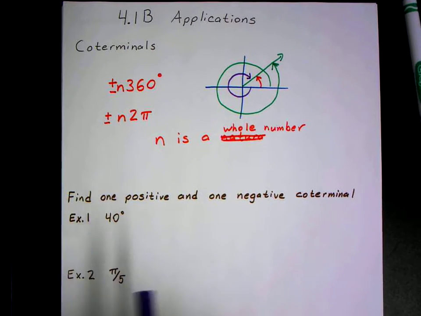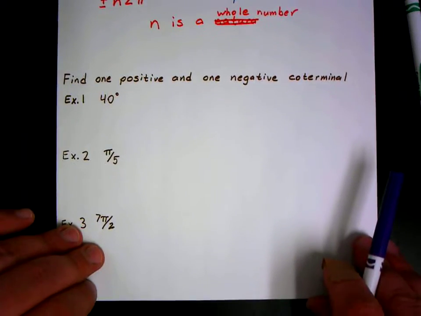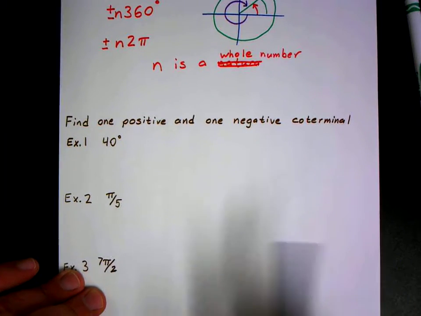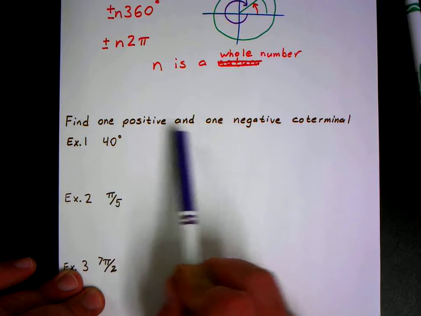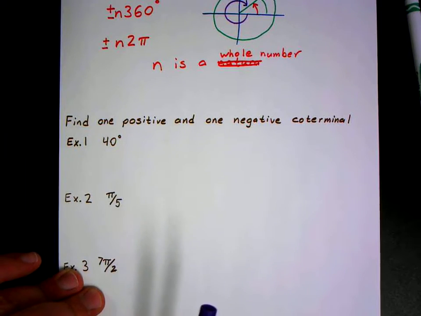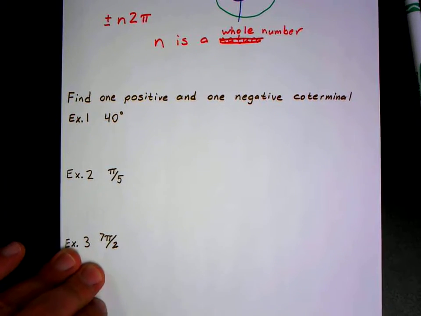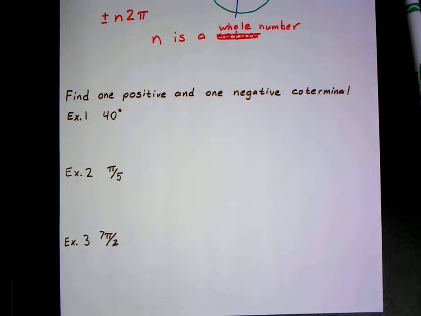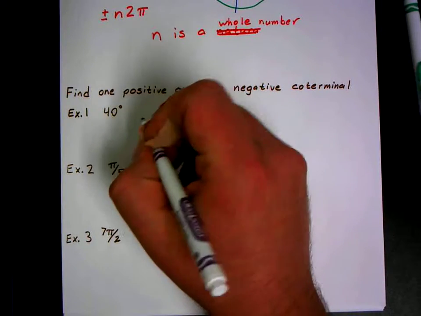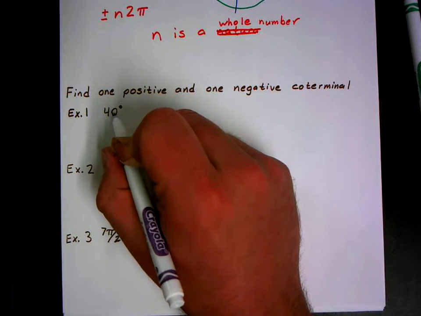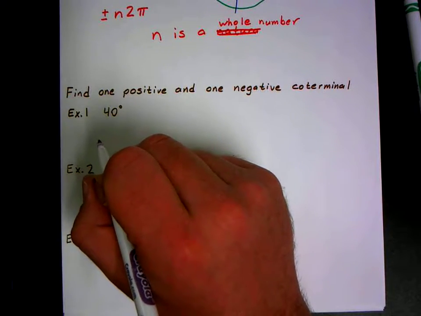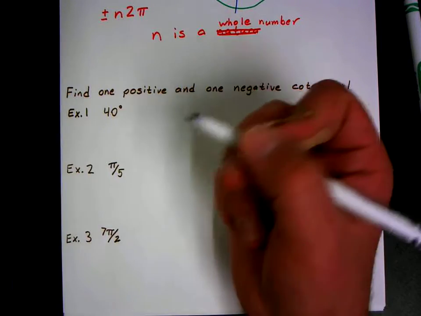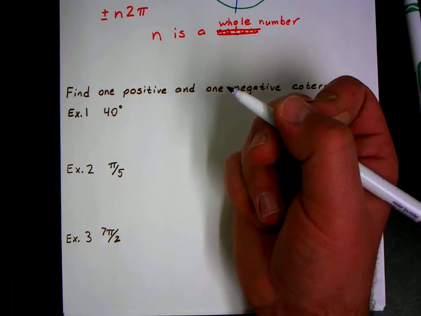So anytime we want to do this, the way your book's going to have you do it, the way you're going to be asked to do it on the test is you're going to be given an angle and you're going to be asked to find one positive and one negative coterminal angle. So, however you're given the angle is how you're expected to give your answer. So if you're given an angle in degrees, you want to give your answer in degrees.